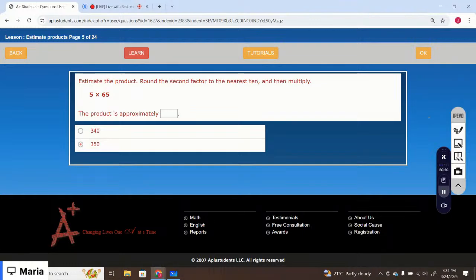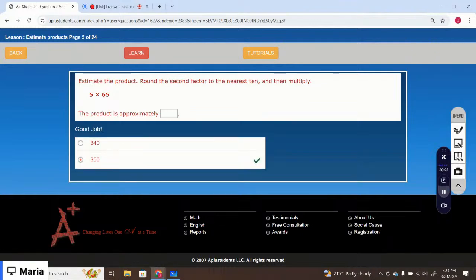That is 350. Option number 2 is the correct option.